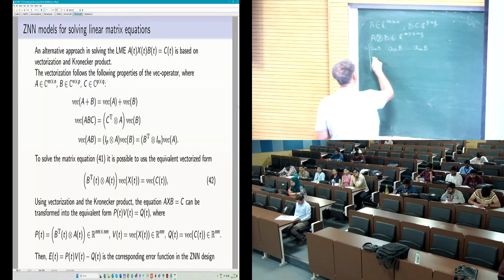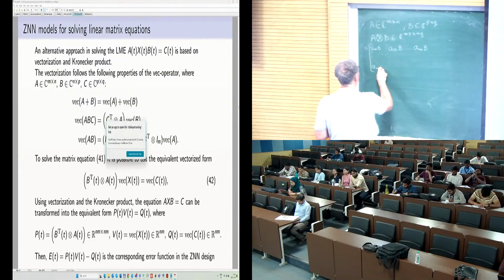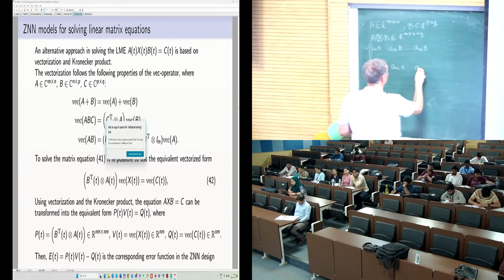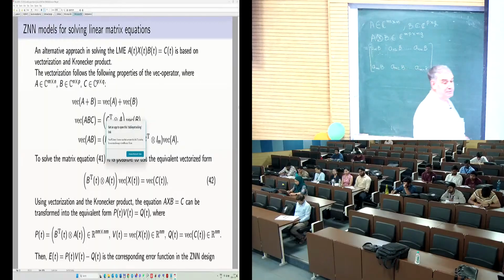And in the last row we will have Am1 B, Am2 B, and so on till Amn B. And again, each product of an element by a matrix is a matrix.